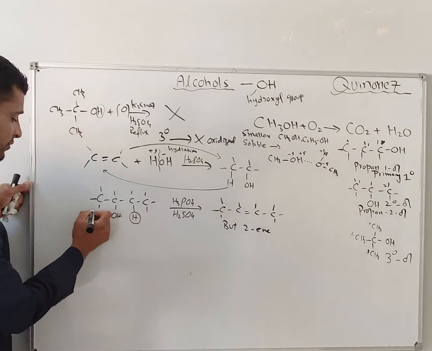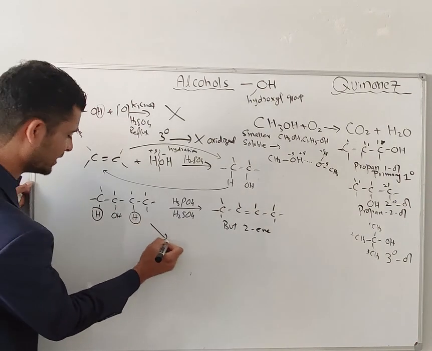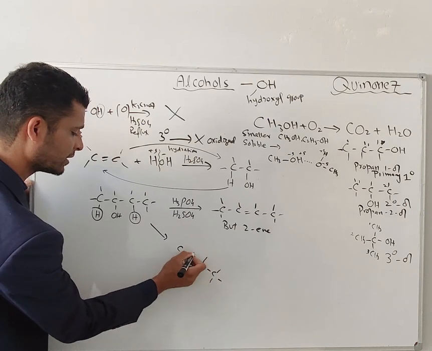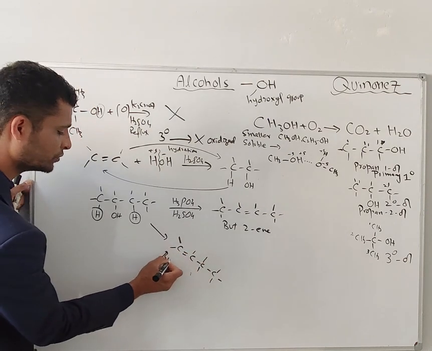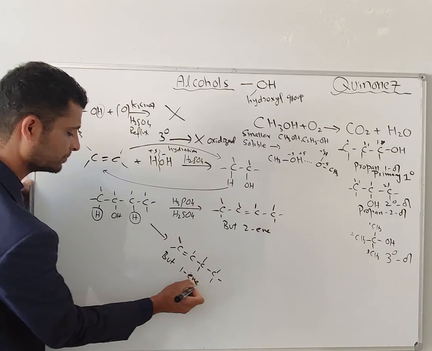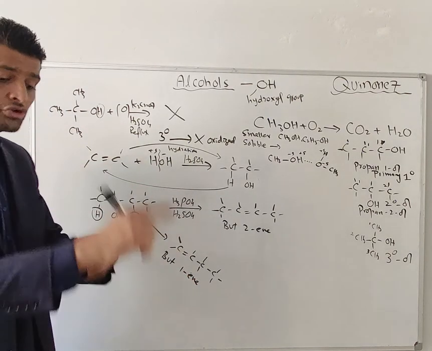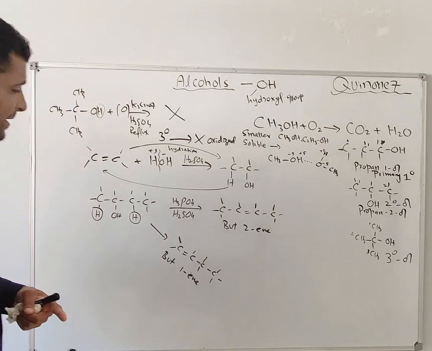Here you have this hydrogen as well. If you remove that, you will be making a double bond there, which means you will have but-1-ene.